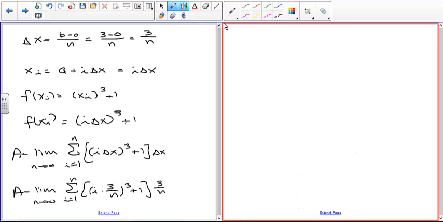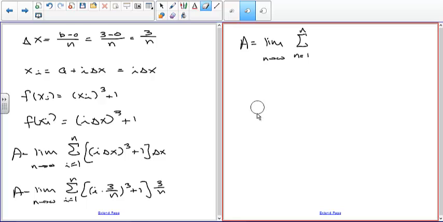And then we multiply this out. We can do that easily enough.